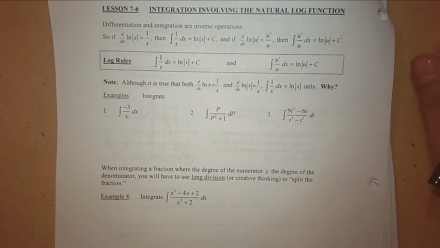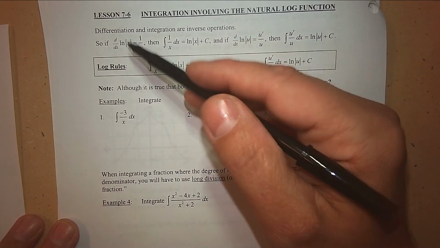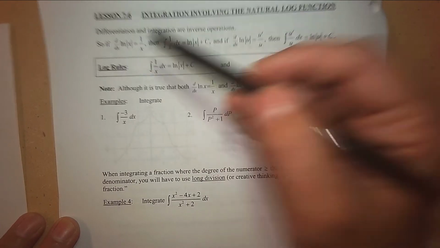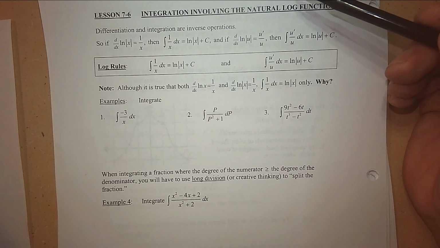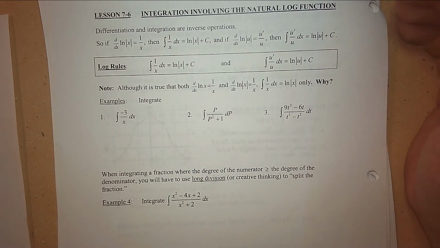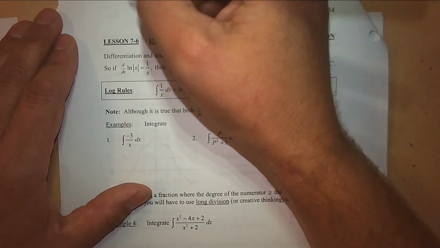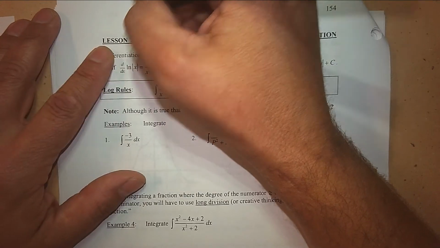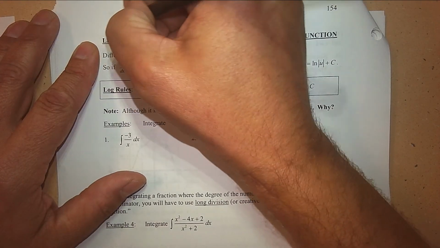So, differentiating and integration, obviously, are inverse relationships, right? So, if the derivative of ln of the absolute value of x is 1 over x, then if you integrate 1 over x, what do you get? Ln x. Now, do you remember when we did the anti-power rule, and I said, what would happen if you had x to the negative 1? That means the same as 1 over x, right?